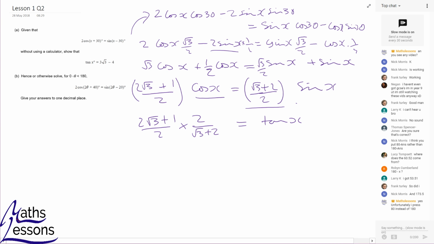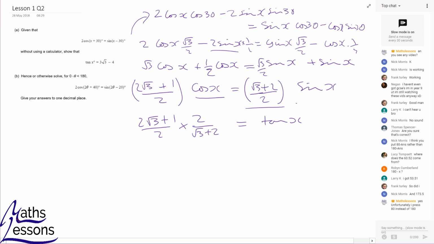Root 3 plus 2 times root 3 minus 2 will give me 3 minus 4 on the bottom. On the top, root 3 times 2 root 3 is going to give me 2 times 3, which is 6. Root 3 times 1 is going to give me another root 3. Minus 2 times 2 root 3 is minus 4 root 3.